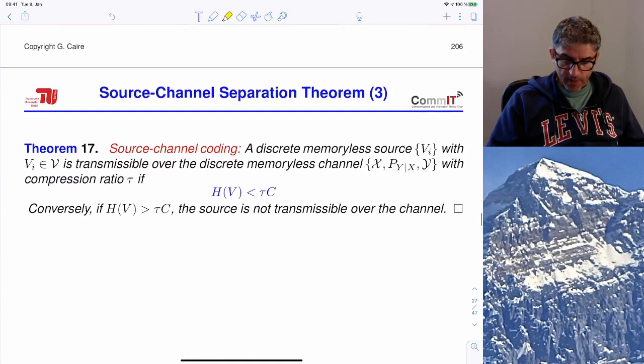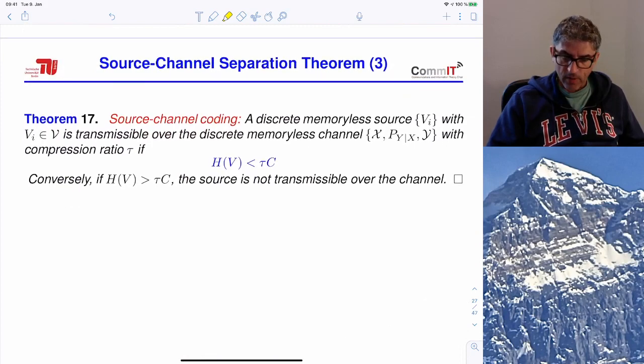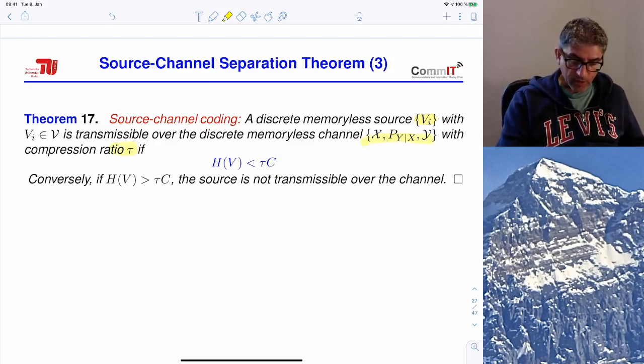So the theorem says that a discrete memoryless source V is transmissible over the discrete memoryless channel (X, p(y|x), Y) with compression ratio tau if the following condition holds.